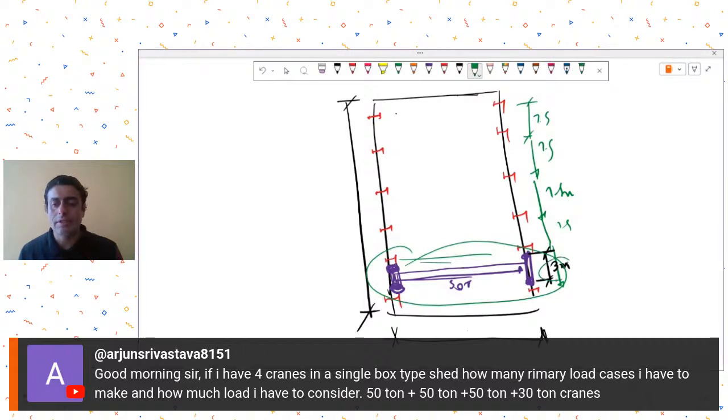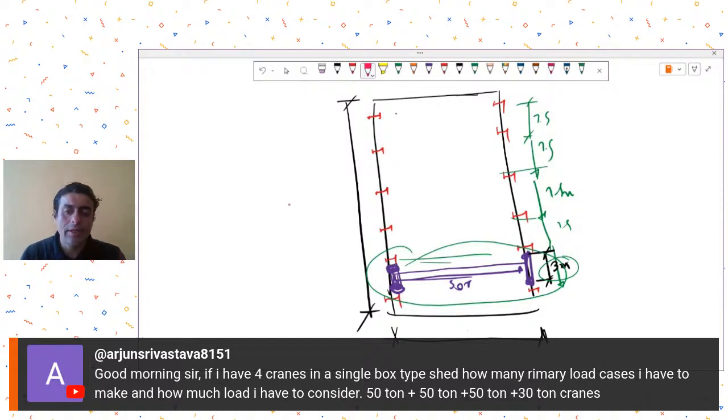If this was, let's say, 3 meters and the column to column spacing was 7.5 meters, although you had four cranes, 50 plus 50 plus 50 plus 30, because of these dimensions you may not be able to fit in more than two cranes at a time in one bay. So this might be one of the things to consider when you are making load cases for different cranes.